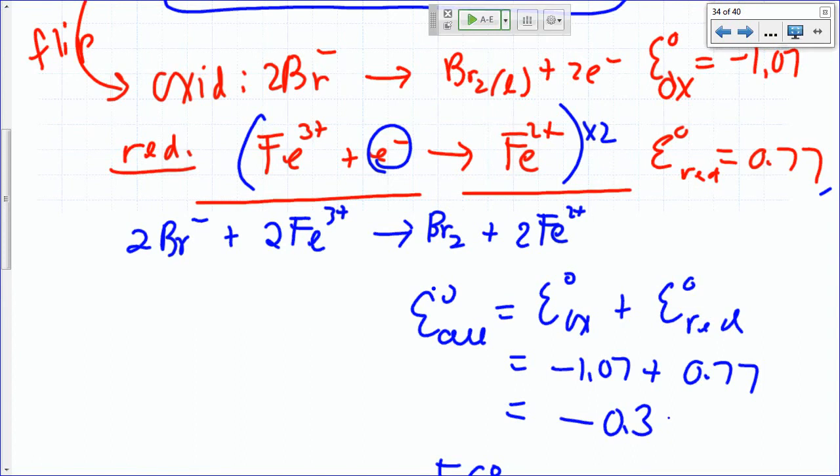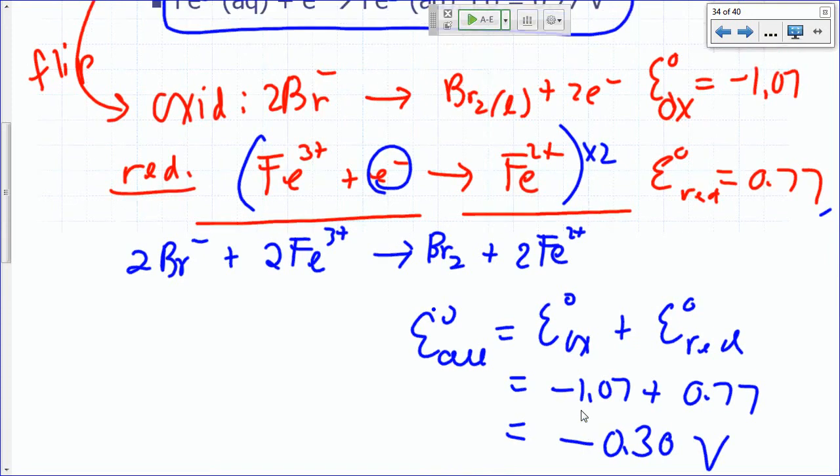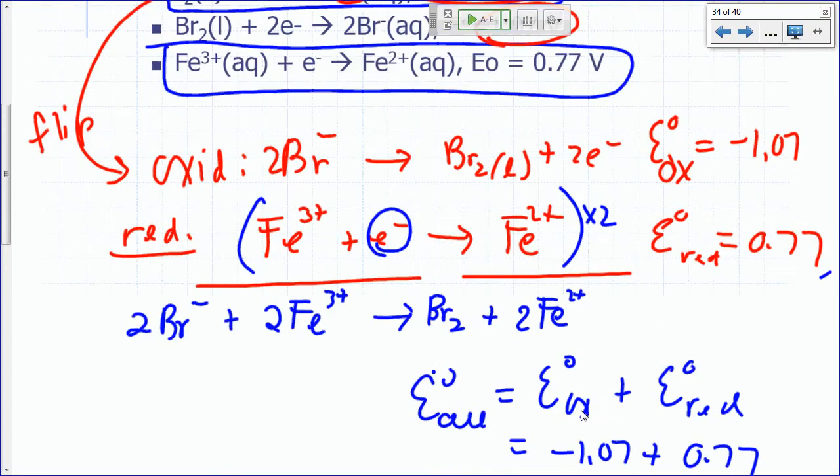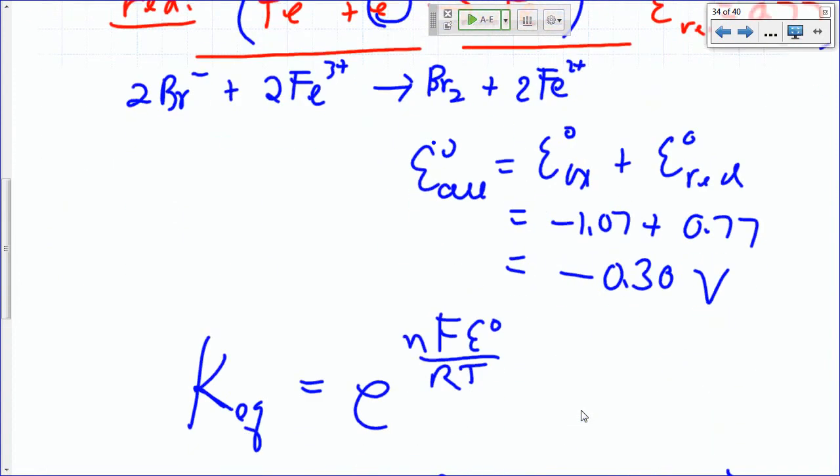So that means this reaction this time is not going to go far forward. It has a negative cell potential, and so delta G here is going to be positive.